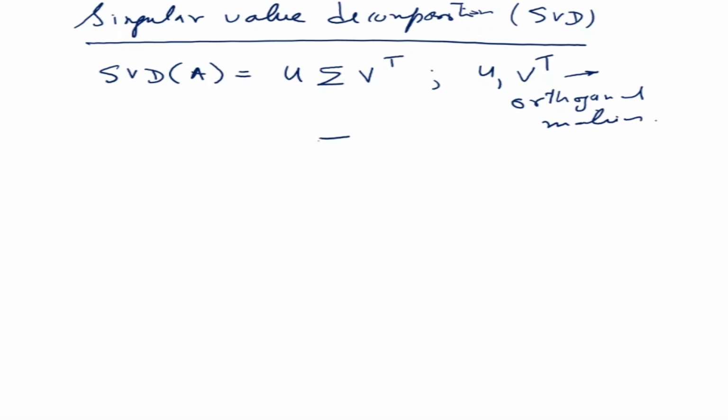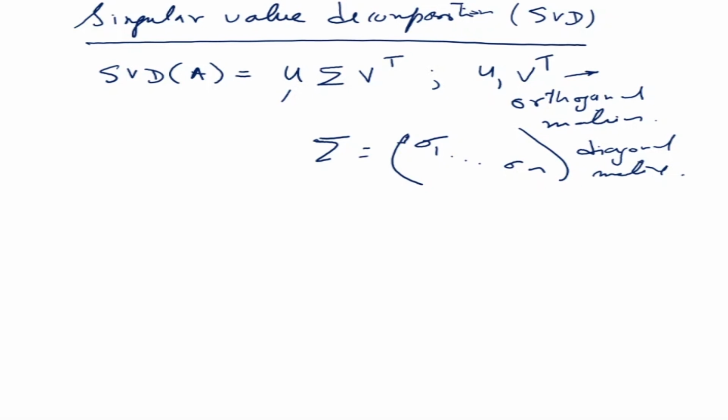And sigma is a diagonal matrix. So we are breaking any matrix up into 3 parts: U, sigma and V transpose. Sigma is a diagonal matrix consisting of the singular values, where sigma 1 up to sigma n are called the singular values.